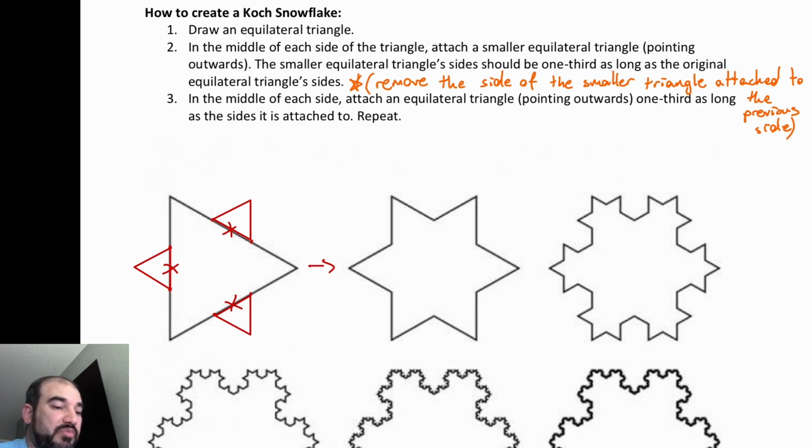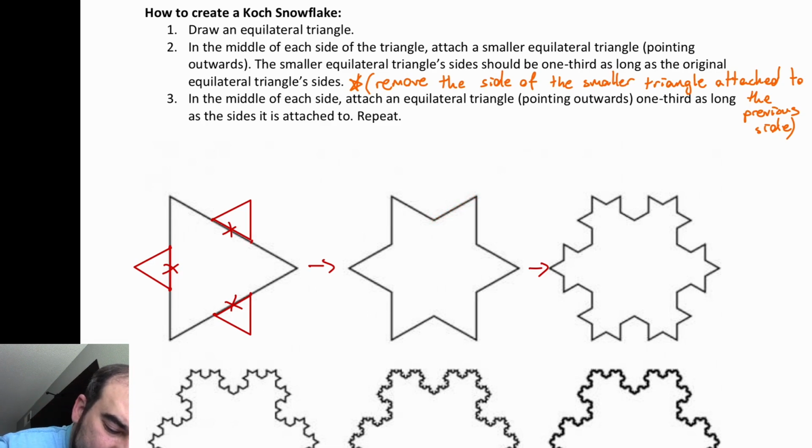And then we repeat the process. So to go from here to here, we're going to take each straight side length, so like this one, for example, and we're going to do the same process. We're going to build a smaller 1/3 sized triangle on that side, and then delete the side that's touching the original triangle.